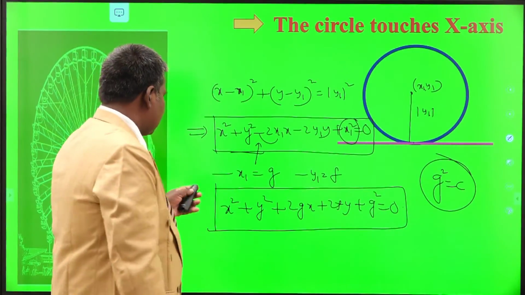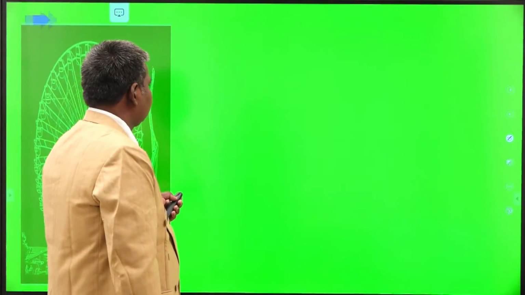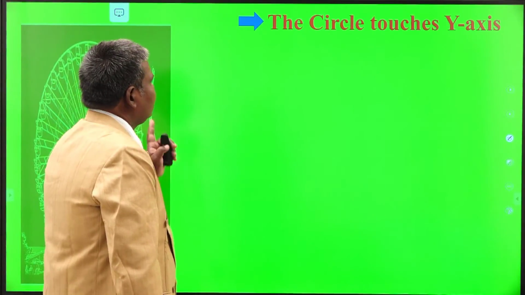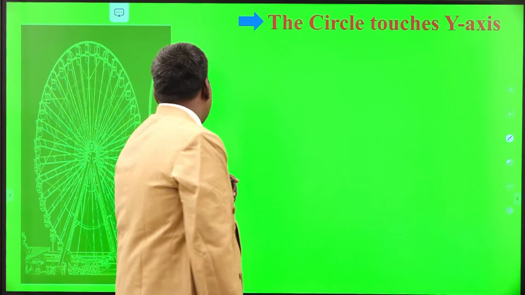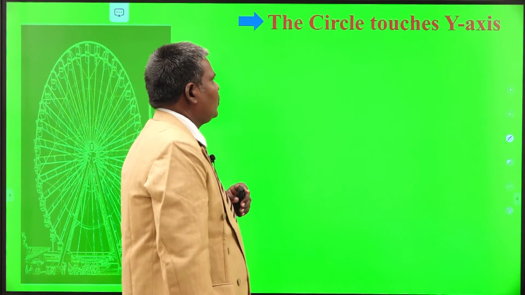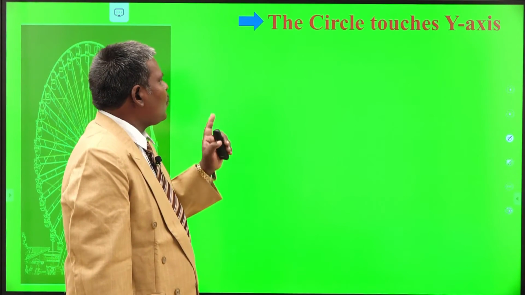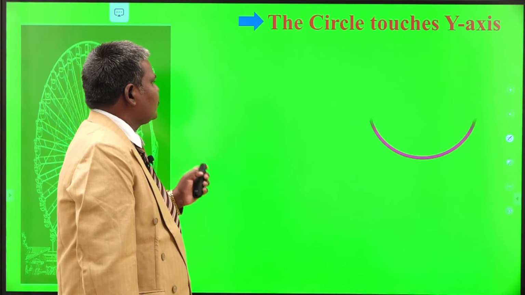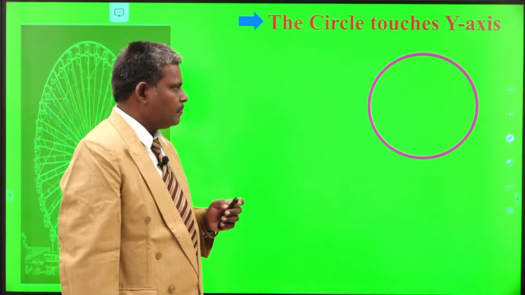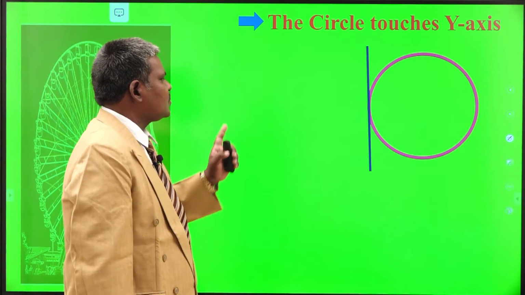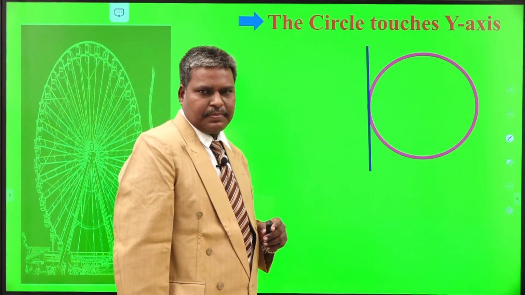Okay. Let us see the next case. The circle touches y-axis. You have to find out the equation of circle touching what? y-axis. This is your circle. Touches y-axis.